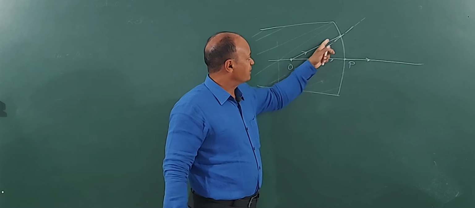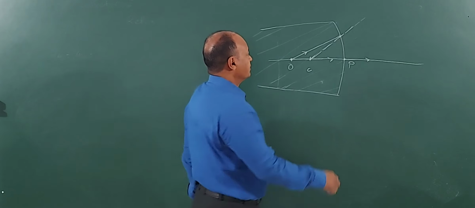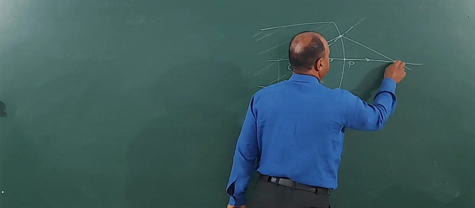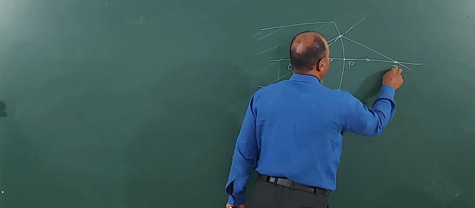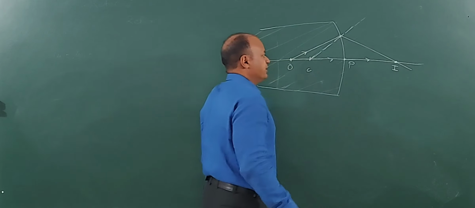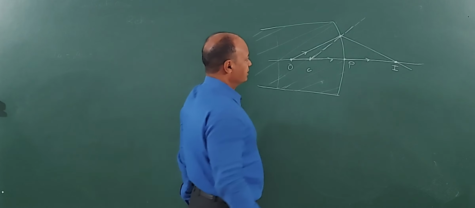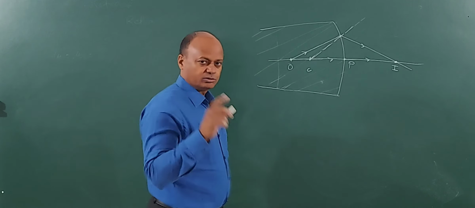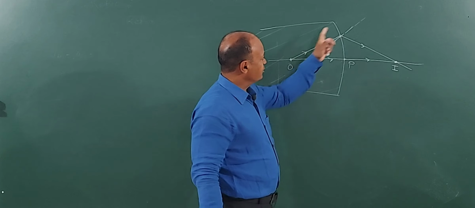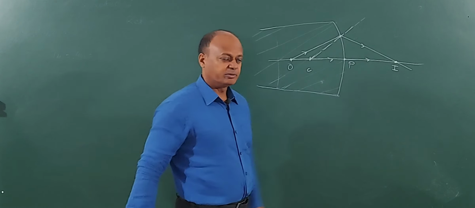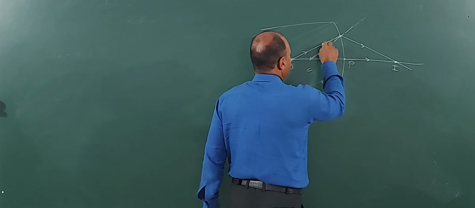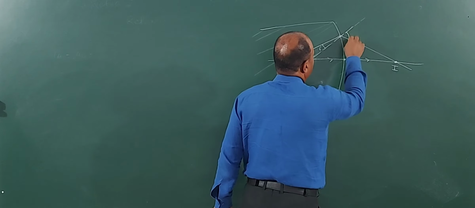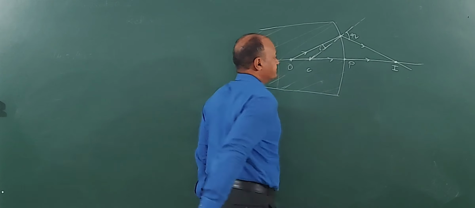So, after refraction, it will have a tendency to bend away from the normal. So, this is bending away from the normal. And somewhere here, it will be meeting the first ray. It is important for you to know that a ray travelling from denser to rarer medium will be bending away from the normal. This will be angle of incidence i, and this will be angle of refraction r.